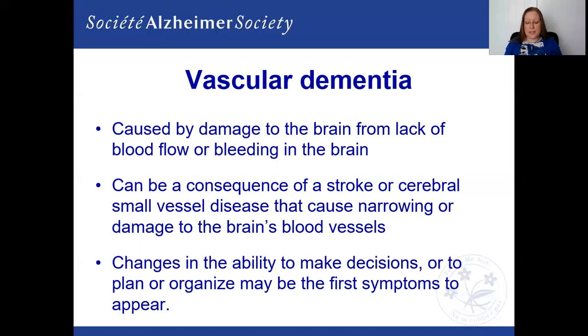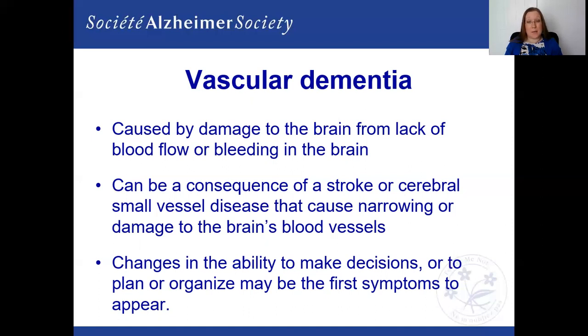Researchers don't know exactly how many older adults diagnosed with a specific type of dementia actually have mixed dementia. But studies are really starting to show that mixed dementia may be significantly more common than previously recognized.